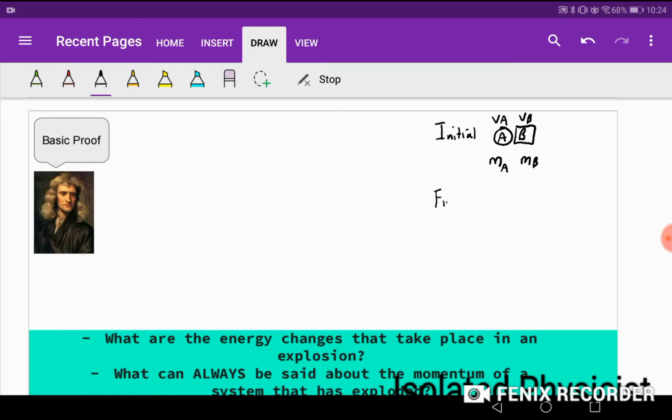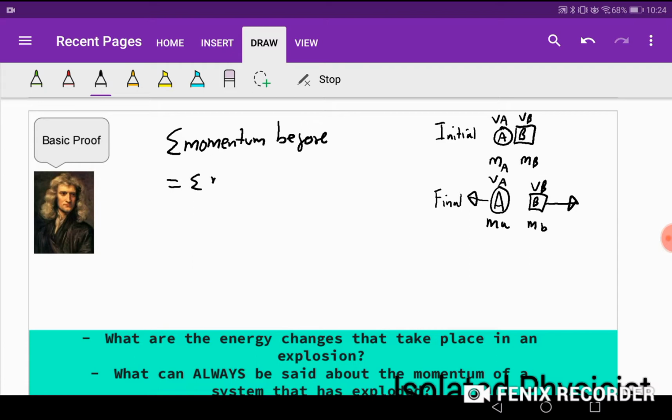And in the final state, we've got A going this way and B going this way, and that's still VA and MA, and this is VB and MB. So we know from the last lecture that the sum of momentum before equals the sum of momentum after.